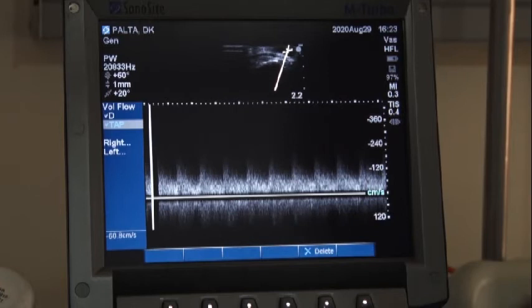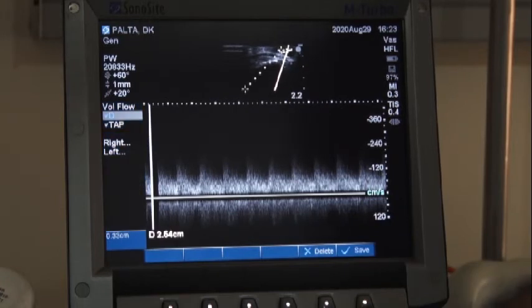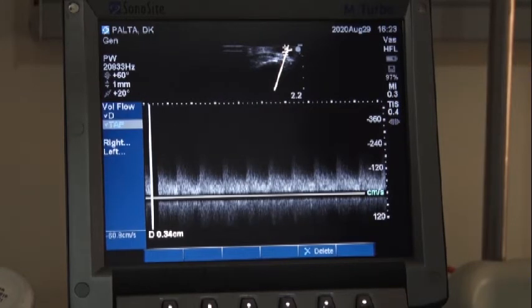We'll again check the same thing. First the diameter, try to get a diameter. Then we check the time-averaged velocity.